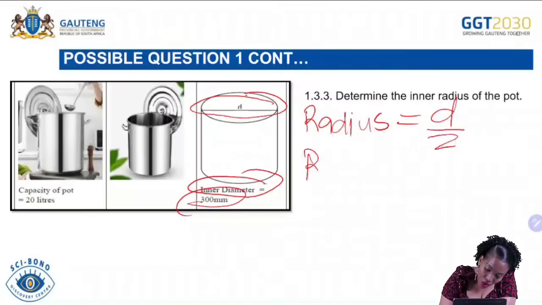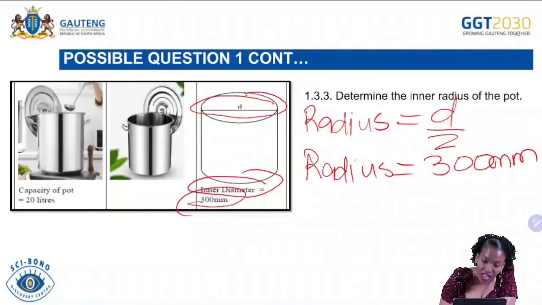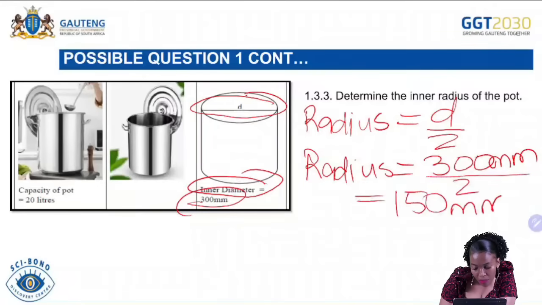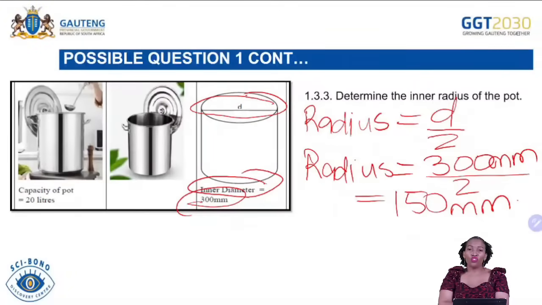So in this case, what is our diameter? Our diameter is 300 millimeters. So to find the radius, we'll divide by 2, which will give us 150 millimeters. Guys, this question will be in the exam.